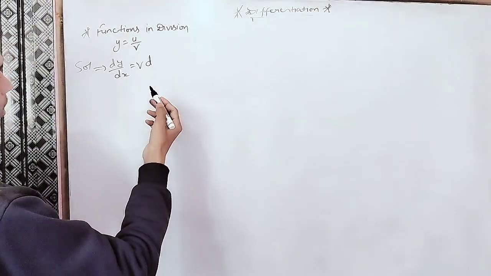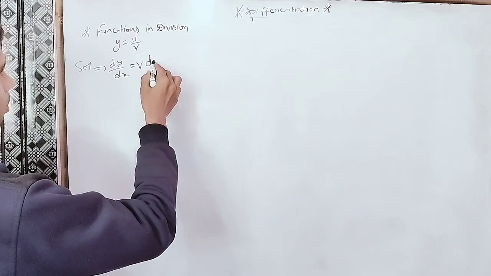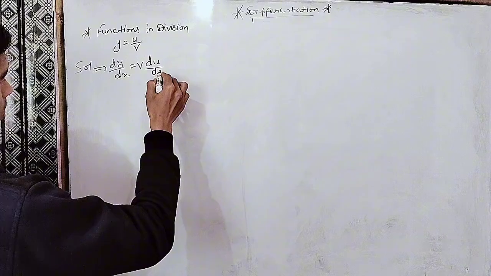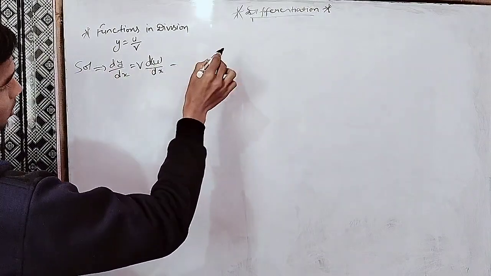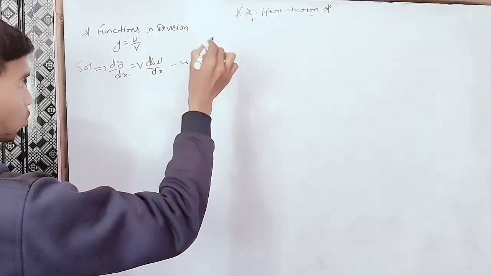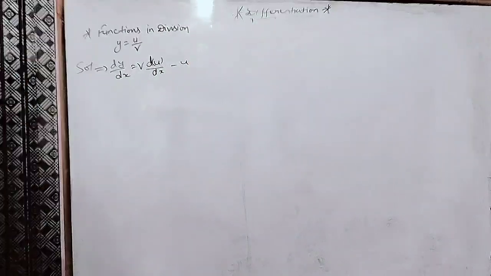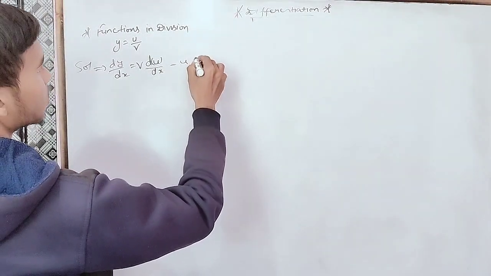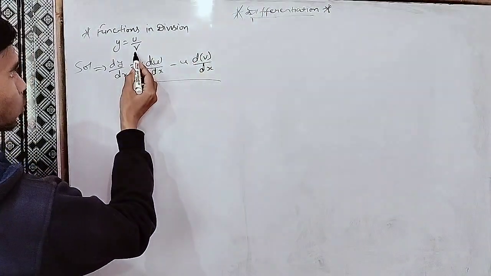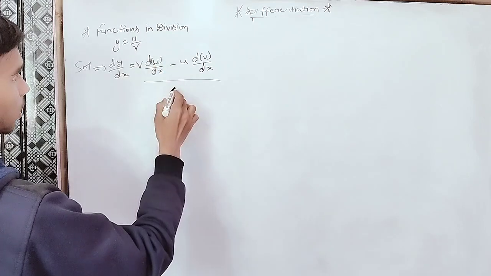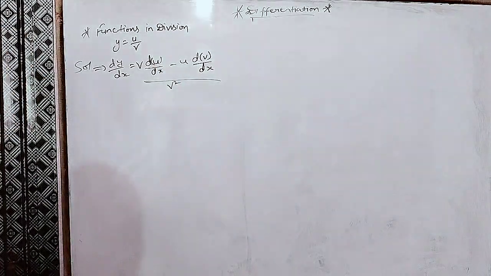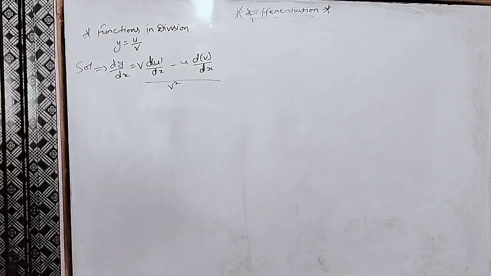Second, we would write the subtraction because it is division. Then u would be written as it. Okay, like that. So this will be written downward in v square. That is the formula.